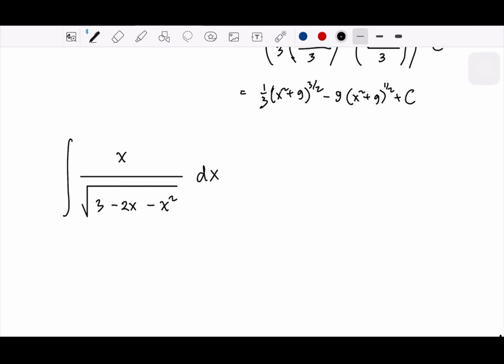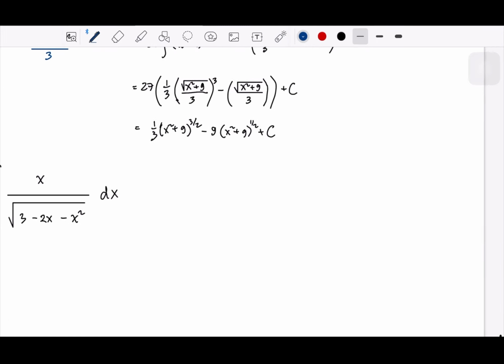The idea is, this part here we're going to rearrange and make more suitable to be substituted with the trigonometric part. Because this is a quadratic, perhaps we can complete the square. Let's try to complete the square.